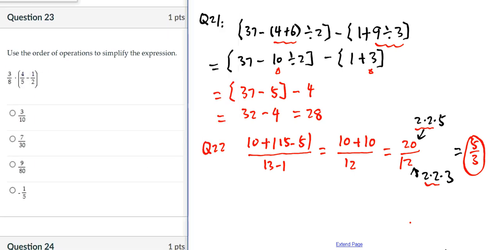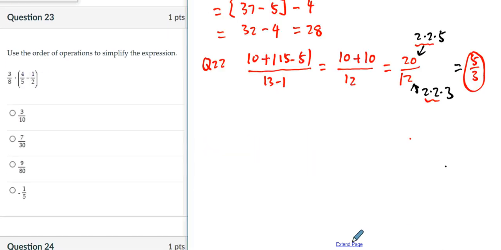23. Now, keep going. 23, we have 3 over 8 times (4 over 5, subtract 1/2). So what you're going to do is inside first.